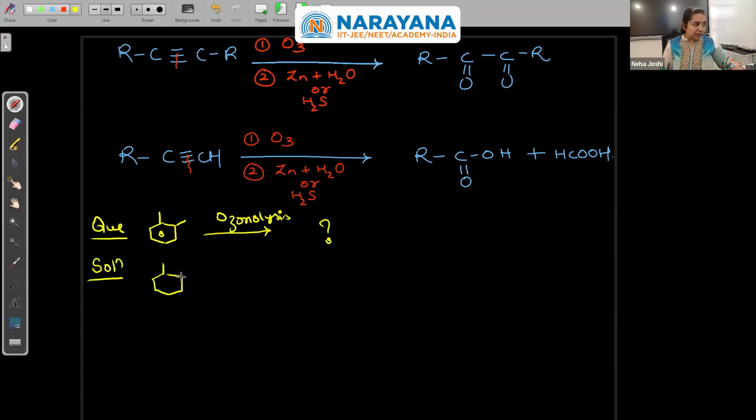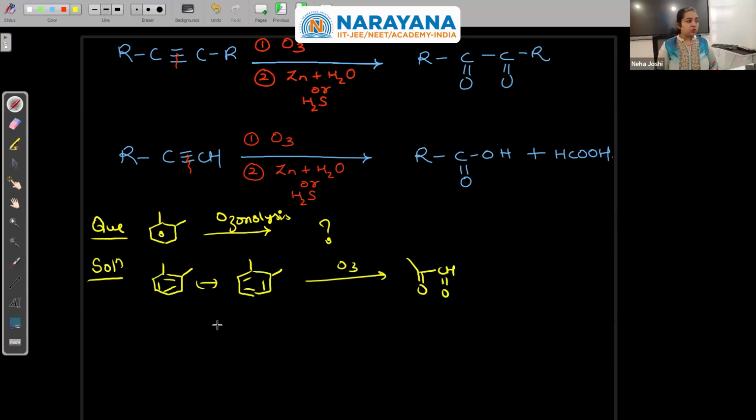For other xylenes, this benzene resonance doesn't have much impact. But for ortho-xylene, you have to consider all the resonating structures as localized structures, and then you give the products. See, for this, if I take one structure, my answers will be these, and then CHO, and then 1 mole of glyoxal.